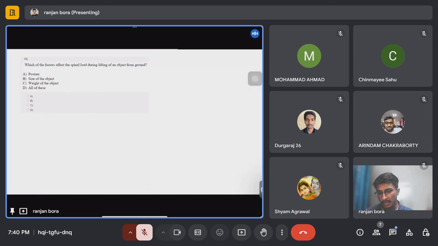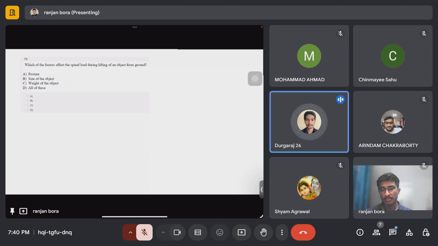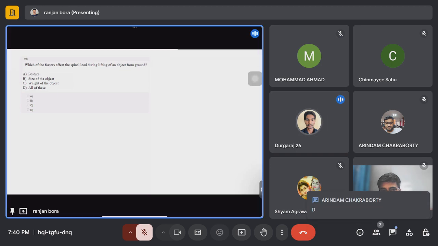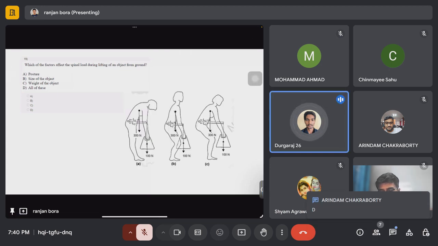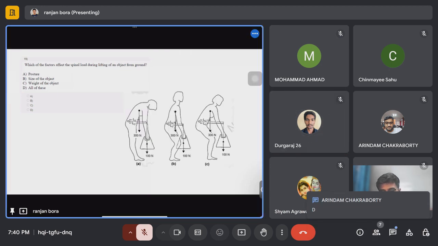Which of the factors affect the spinal load during lifting of an object from the ground? Posture. Yeah, posture is one option. All of them.